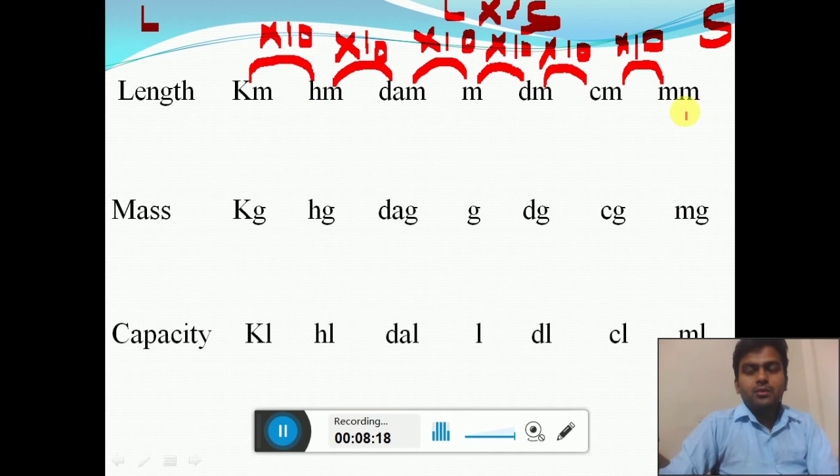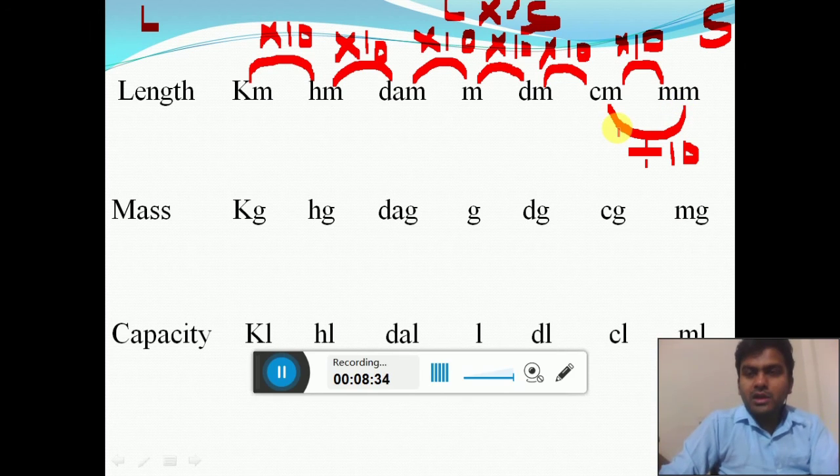Or if you want to convert a smaller unit into a larger unit, then you have to divide. You have to divide by 10 if you want to convert mm into cm. Here mm is the smaller unit and cm is the larger unit.